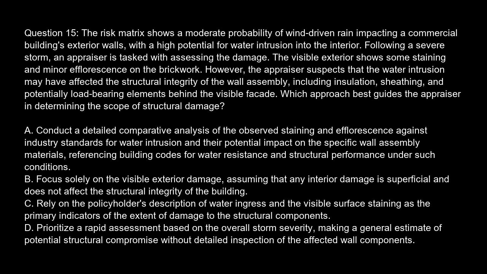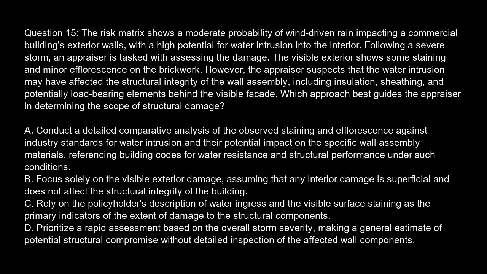Option A. Conduct a detailed comparative analysis of the observed staining and efflorescence against industry standards for water intrusion and their potential impact on the specific wall assembly materials, referencing building codes for water resistance and structural performance under such conditions. Option B. Focus solely on the visible exterior damage, assuming that any interior damage is superficial and does not affect the structural integrity of the building.